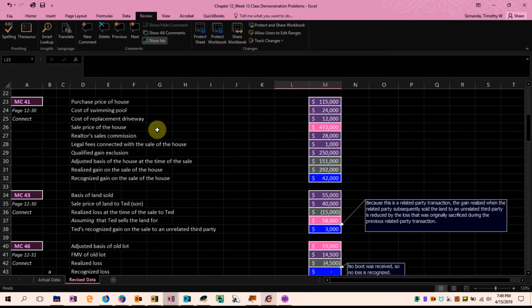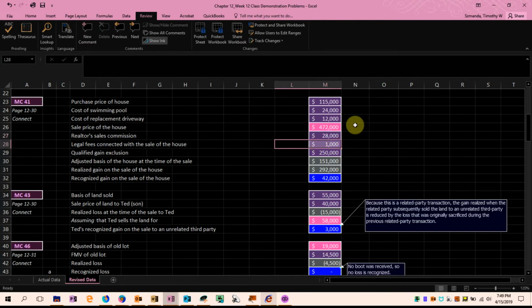Okay, so in this case, as we look at the data, we have the purchase price of $115,000, and then we're going to add to the basis the cost of the pool and the driveway. So we're building up the basis then for Daniel. Sale price of the home I changed to $472,000, and from that $472,000 we're going to deduct the $28,000 sales commission and legal fees.